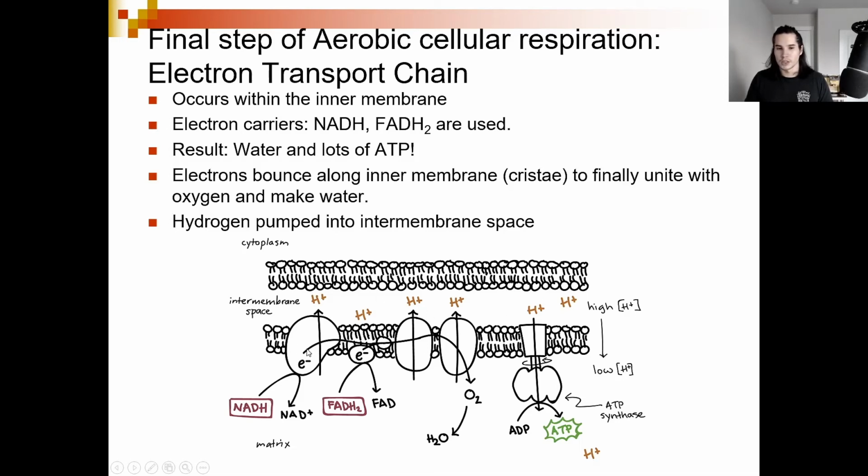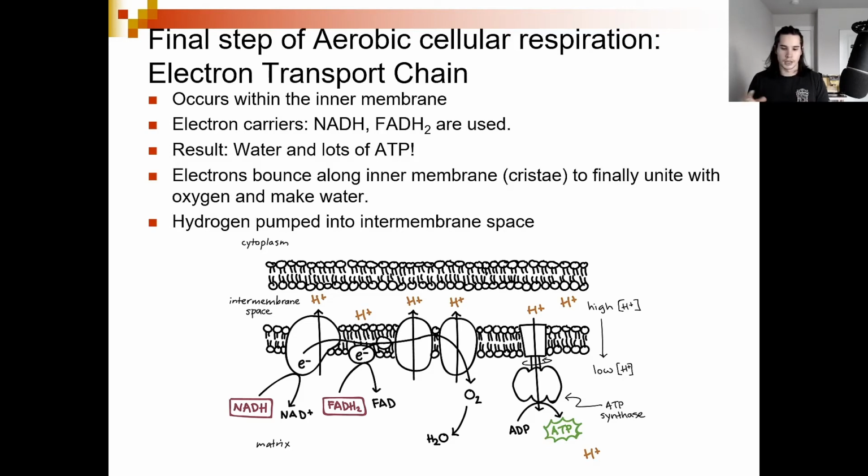So you drop off your electron, you convert that potential energy into the kinetic energy of moving this hydrogen into this intermembrane space. Then that electron moves from protein to protein to protein to protein. And in the process, you're converting that kinetic energy into another kinetic energy.